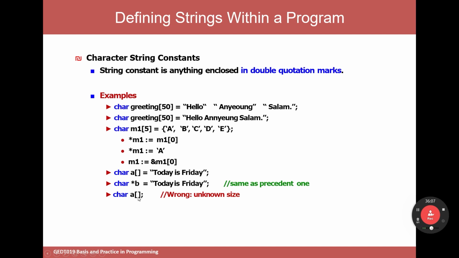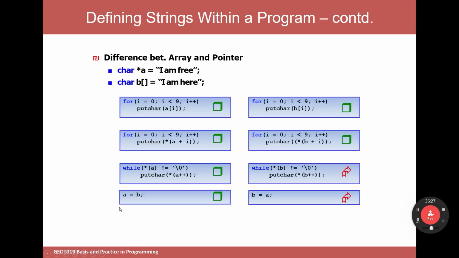But if you don't give the value, in this case you have to put the size of the array or the string. So be careful about this one. The number here must be given in the case you don't make initialization. If you initialize this way, no need for the size.